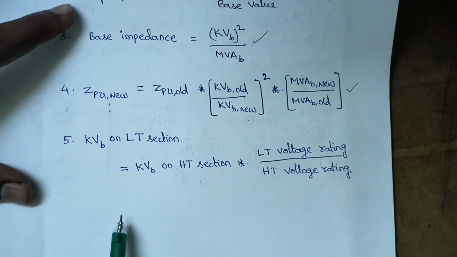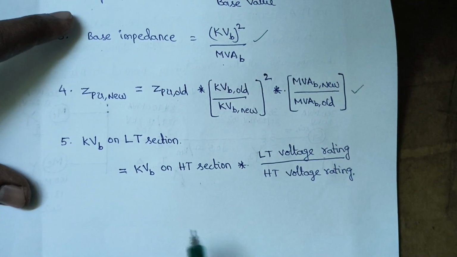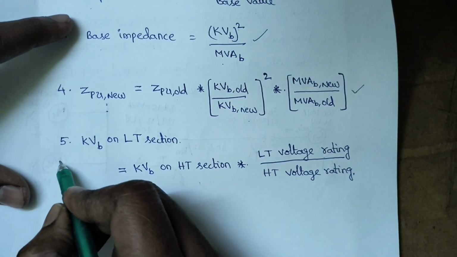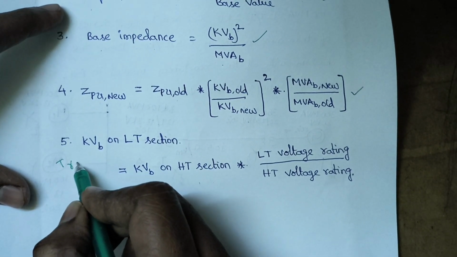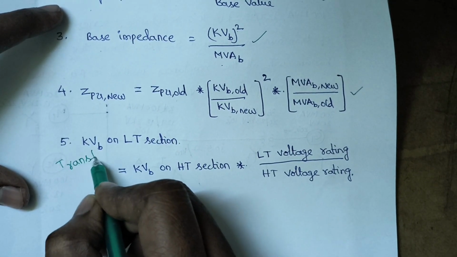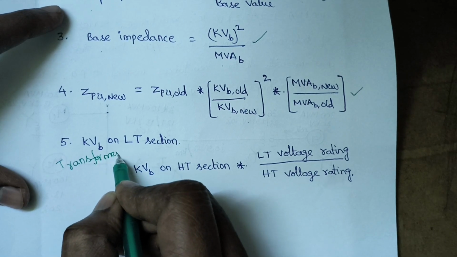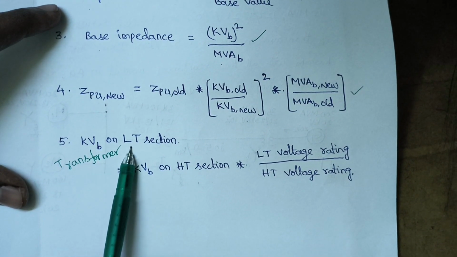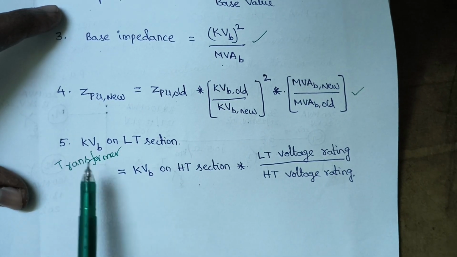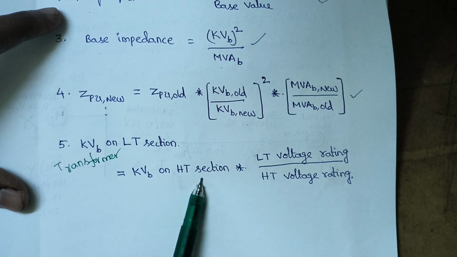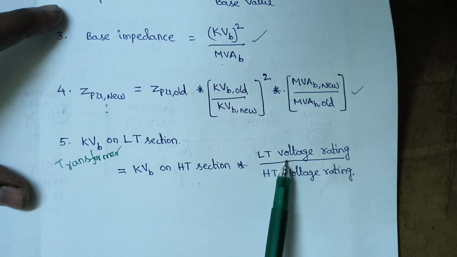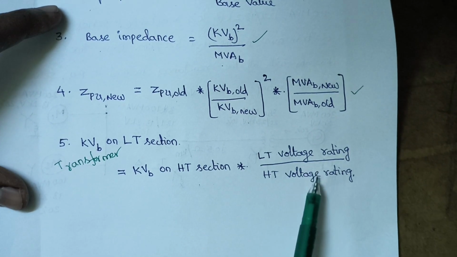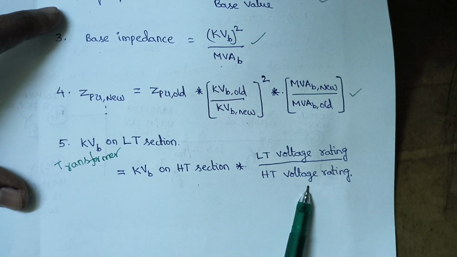And the last one, we must know this formula regarding the transformer. The kV base on the LT section of the transformer is equal to the kV base on the HT section of the transformer, multiplied by LT voltage rating by HT voltage rating.